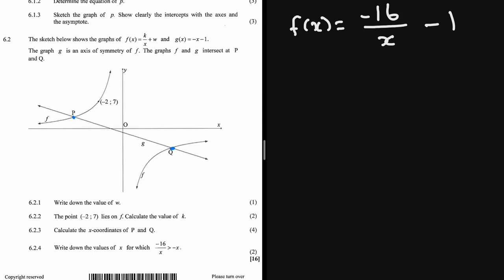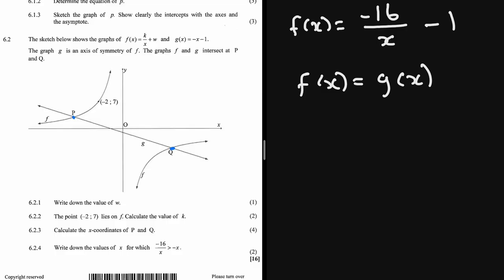But now remember, the points p and q are the points where both the equations intersect. So if the equations intersect, for you to find the coordinates of that intersection, you're going to equate the functions. So you're going to say now f(x) equals g(x). Okay, so where they intersect, you always equate the functions, and then you get the x coordinate of that.